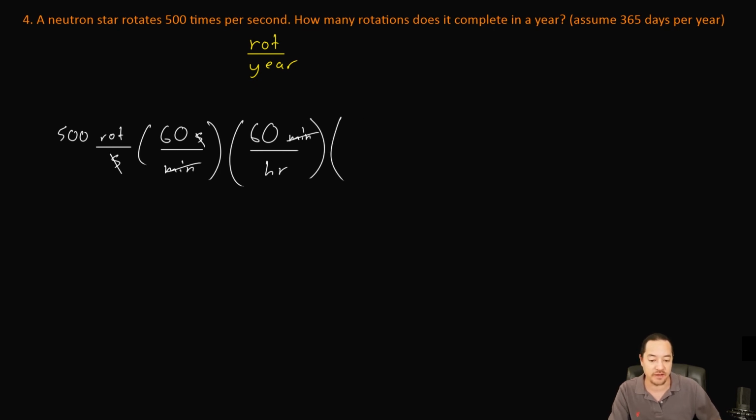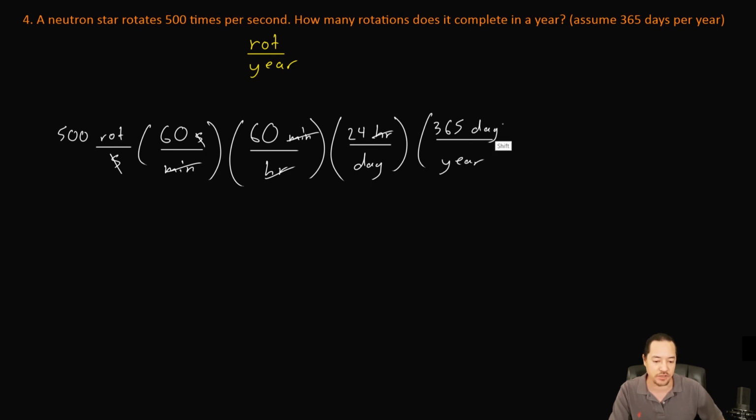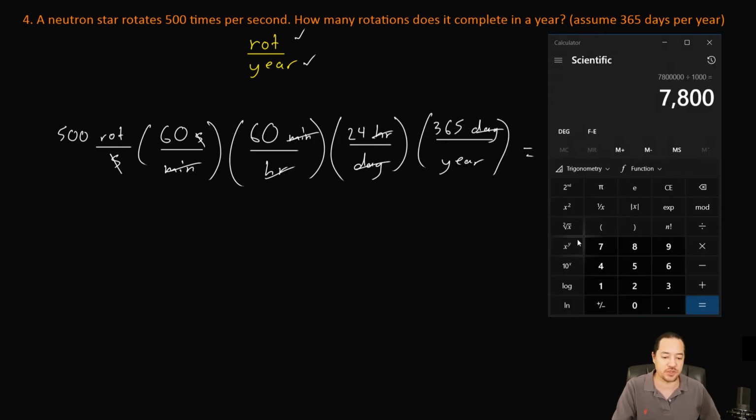And we have 24 hours per day, canceling out the hours and getting us into units of days. And then we have 365 days per year. And that will cancel out the days and leave us with years in the denominator, which is what we're looking for. Rotations already there. We're done. Okay, let's just plug this in now into our calculator.